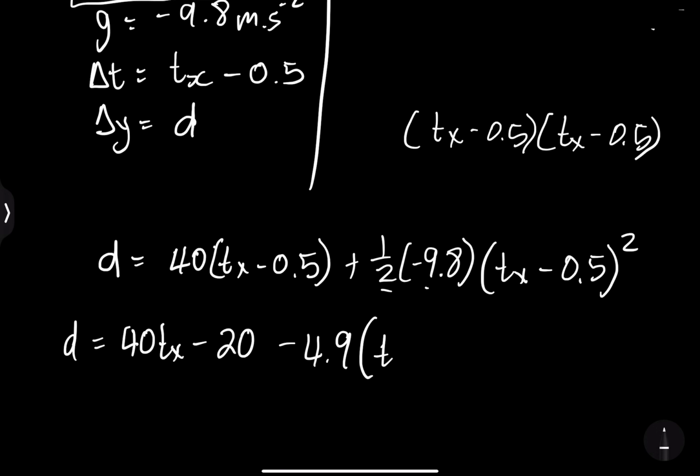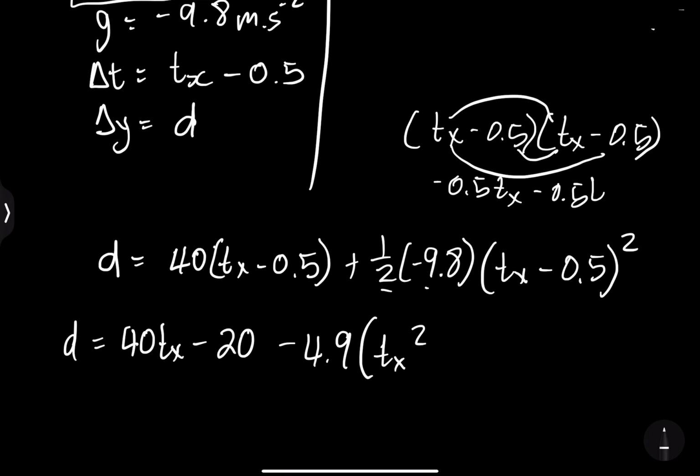Expanding that, you get tx squared, and then tx times negative 0.5, which is minus 0.5 tx, plus another minus 0.5 tx, which gives negative tx. Then negative times a negative gives plus 0.25.